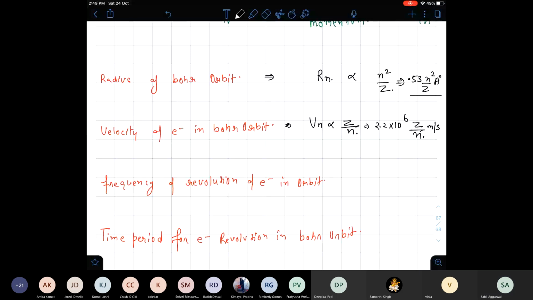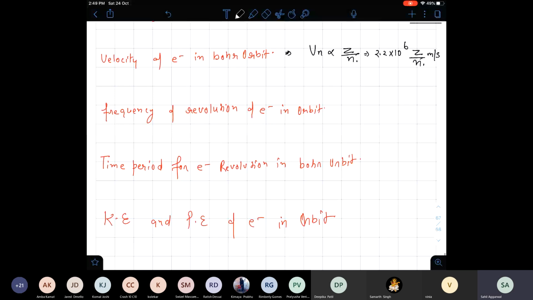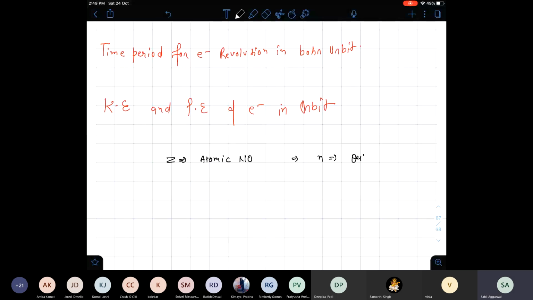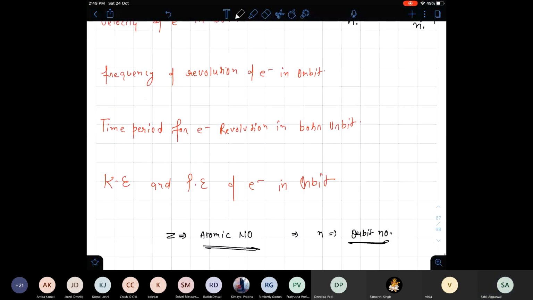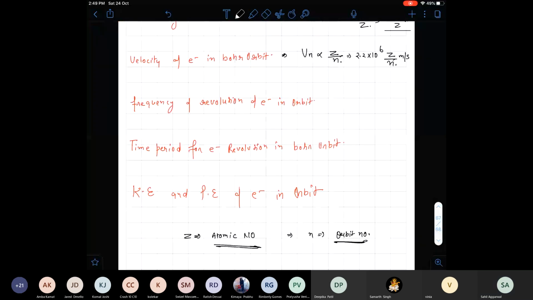Okay. What is z here? Z here is the atomic number, and n is the orbit number. In which orbit are we talking about? Okay.